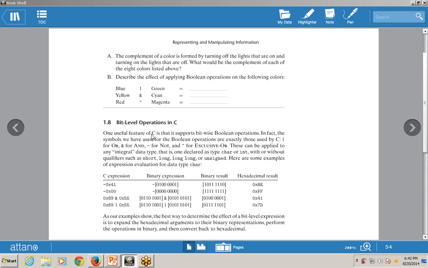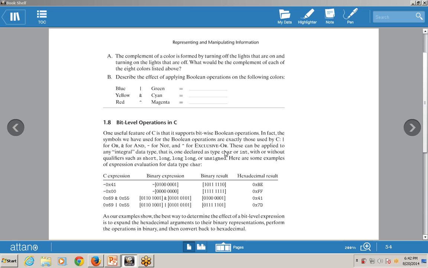This says one useful feature of C is that it supports bitwise Boolean operations. Bitwise means we can do the operations bit by bit, or on one bit at a time. In fact, the symbols which we have used for Boolean operators are used in C, that is AND, OR, and NOT, and for exclusive OR.